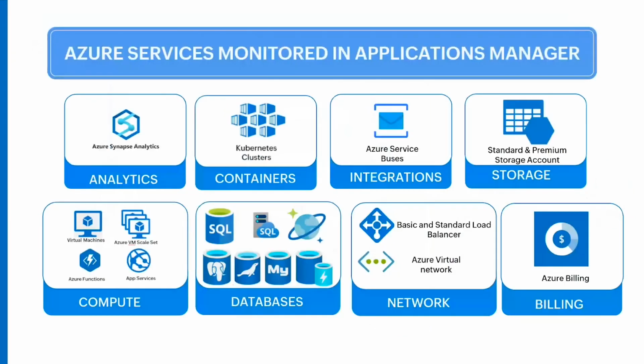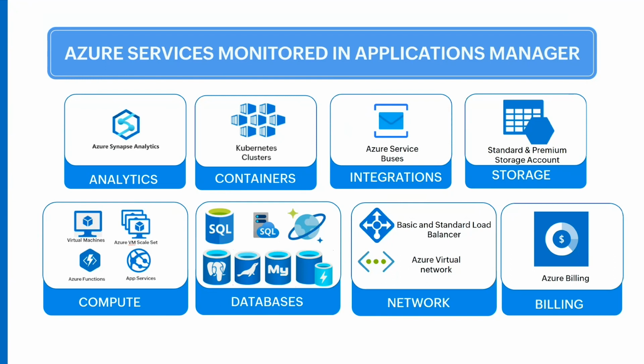When it comes to Azure, we monitor around 35 plus services in Applications Manager. In recent versions, we have released around 20 plus new services, which cover most of the databases like Azure MariaDB, Azure MySQL, Azure Postgres, and Azure SQL. In network, we monitor Azure Virtual Network.